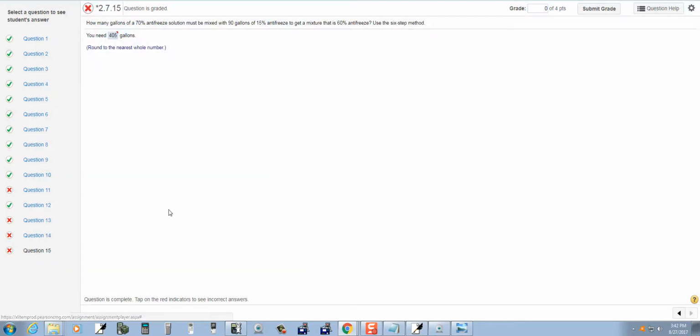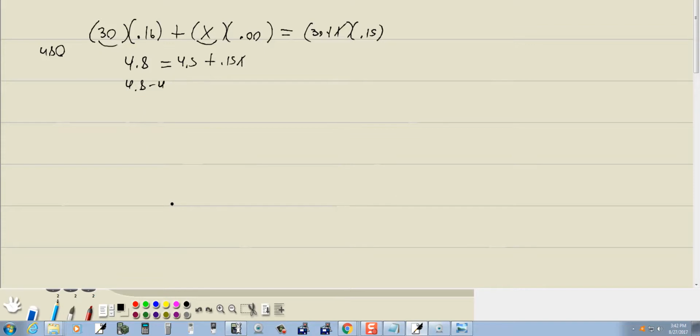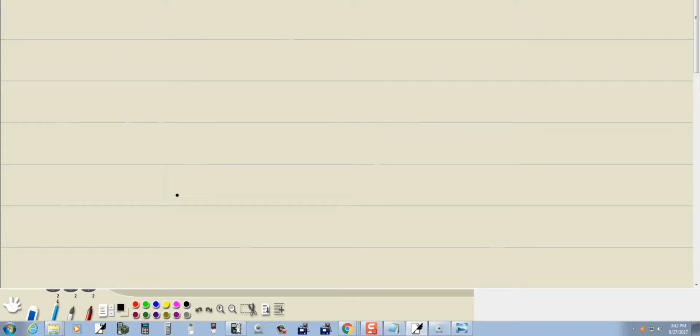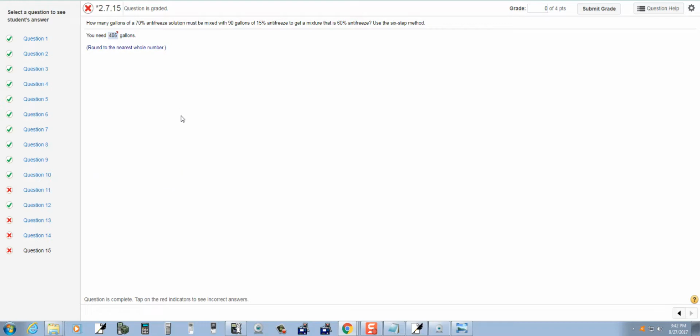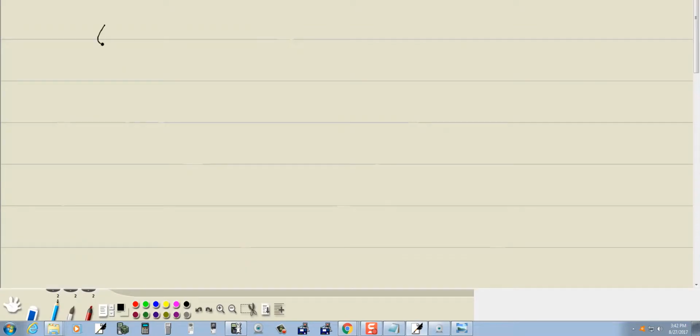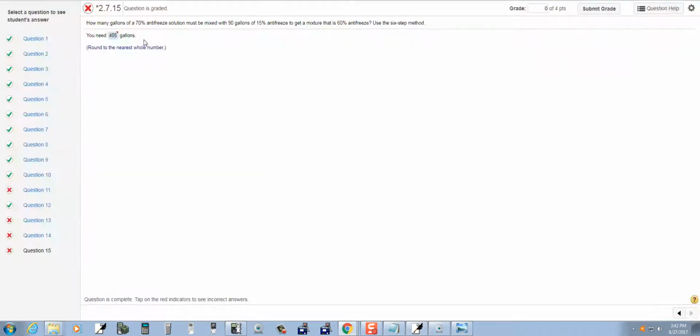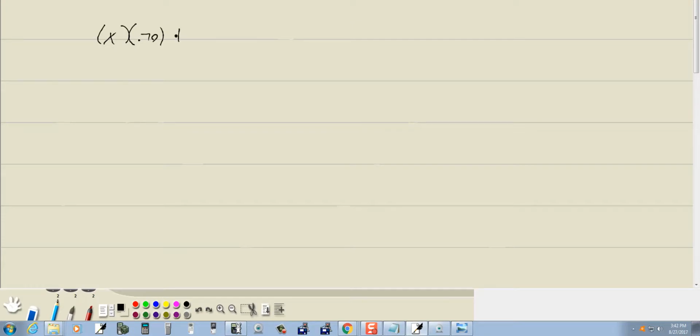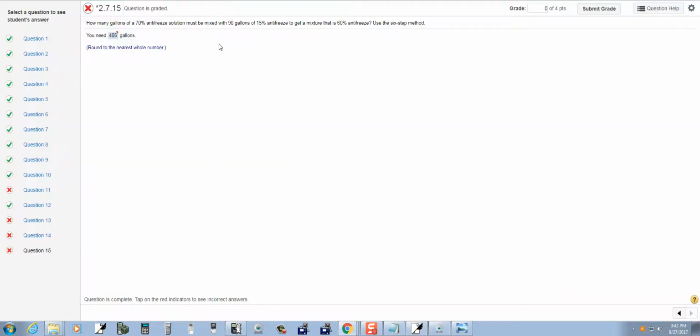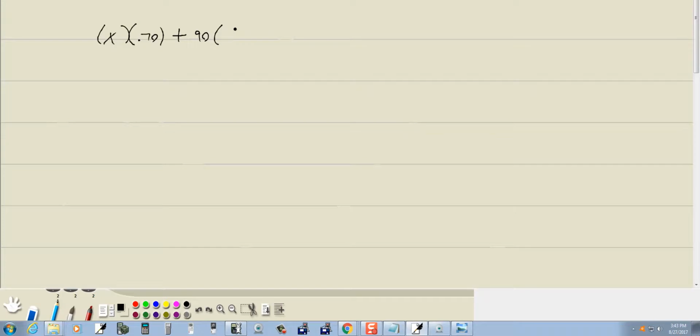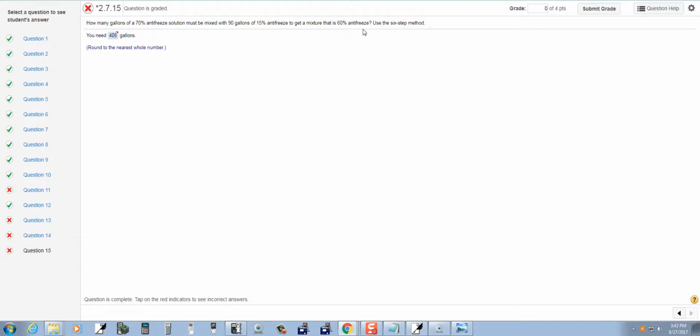Okay, let's take a look at this one. How many gallons of a 70% antifreeze solution? x is our gallons, must be mixed with 90 gallons of 15% to get a mixture of 60%.